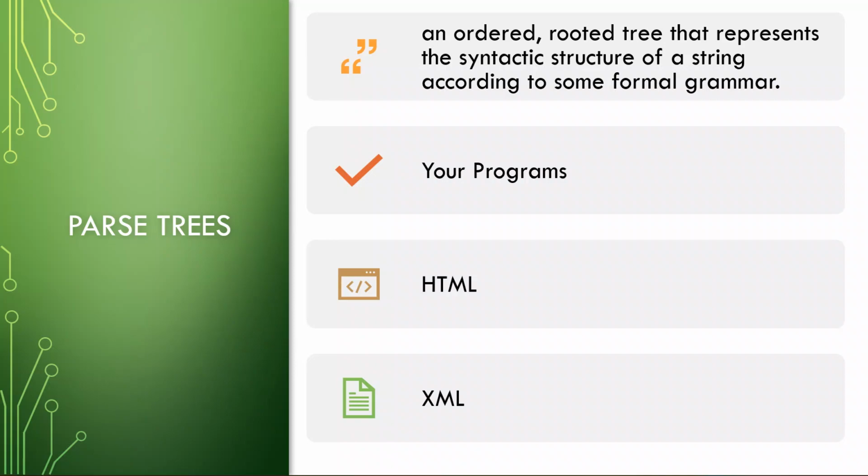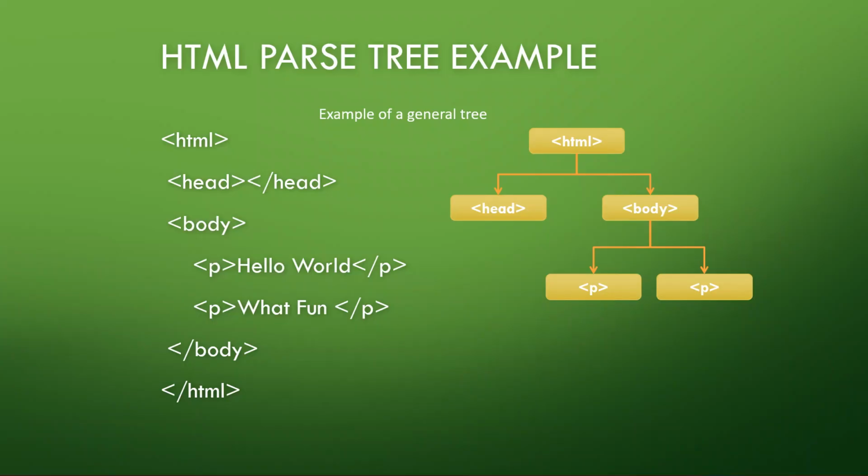So your programs, definitely if you've done the web course or dealt with HTML, this is a huge way it breaks it down into a tree-like structure called the document object model, or things like XML documents. So an example is a parse tree of an HTML document. You can see on the left here a very basic hello world kind of HTML single page document.